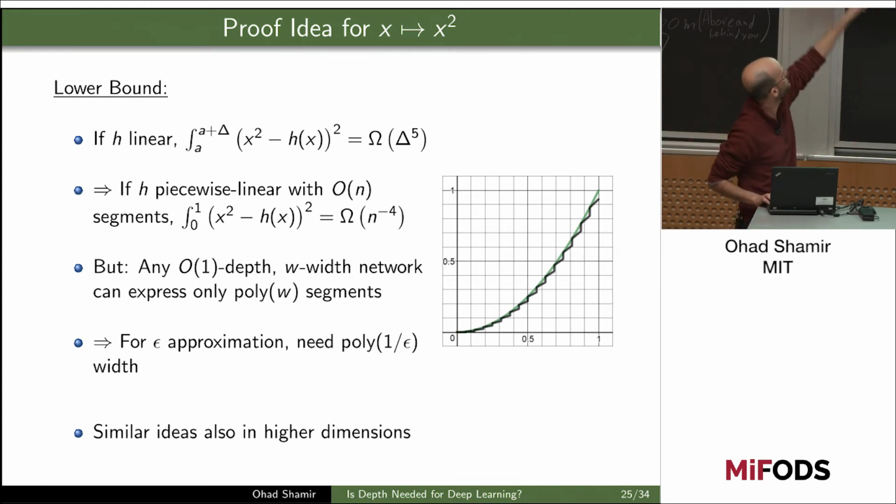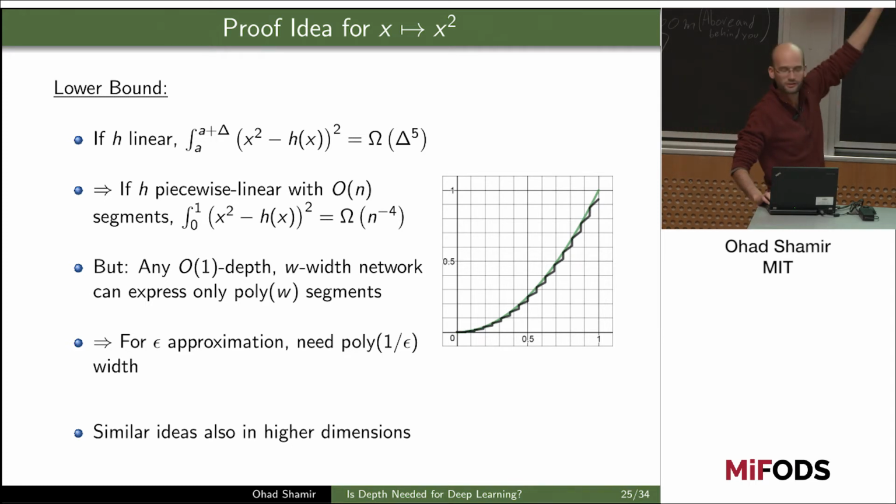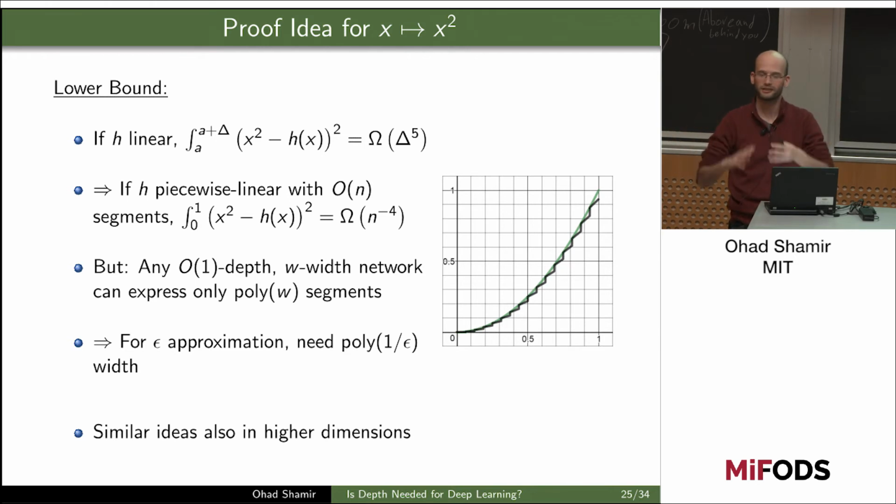You could do the math, it's not too complicated, but if you want to epsilon approximate this thing with a shallow ReLU network, you really need at least polynomial in 1/epsilon neurons in order to do that. And this is in one dimension, but you can generalize it to higher dimensions. And again, not just to x squared, but any function which has some curvature along some direction at some point.